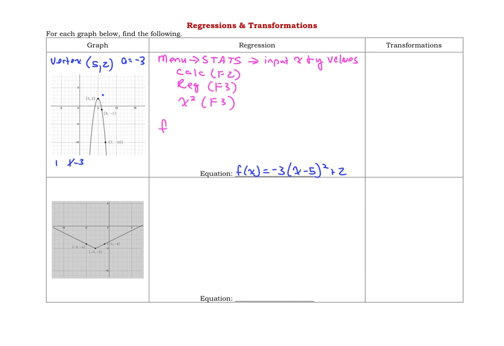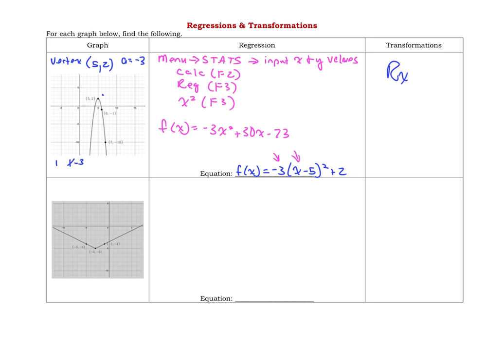And so my equation in standard form, because that's what the calculator gives me, is negative 3x squared plus 30x minus 73. If I completed the square, distributed the negative 3, and added the 2, this is the result I would get. So I know that I have a reflection over the x-axis because it's opening down.